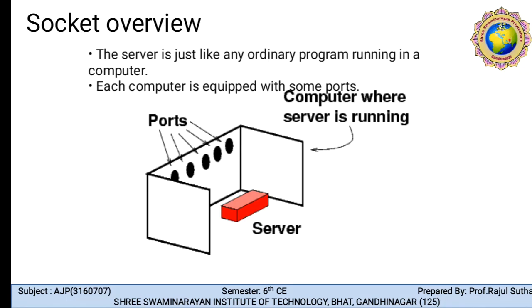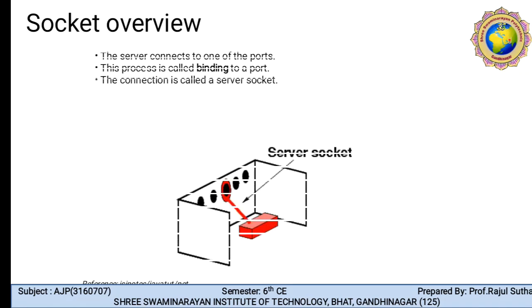In the figure, the socket is used in the server, so it is the server socket. The server connects to one of the ports. This process is called binding to a port. This connection is called the server socket.